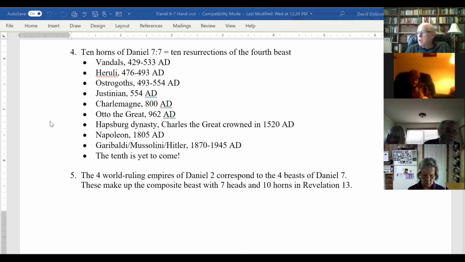A burning flame. As for the rest of the beasts, they had their dominion taken away, yet their lives were prolonged for a season and a time. Okay, a season and a time. We ran into that, time, times, and half a time, last chapter, and we're going to see it again before this book is over.